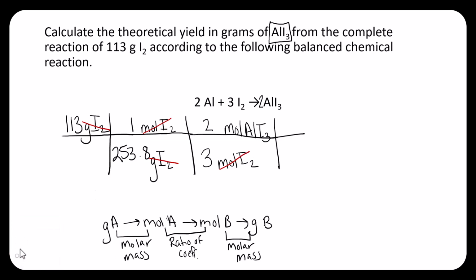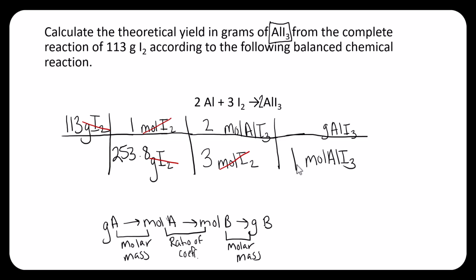So my last little track here is going to have moles of aluminum triiodide on the bottom, because that's up here, it's going to go diagonal so we can get rid of it. And then our final destination on the top will be grams of that aluminum triiodide. And then we just use the molar mass.